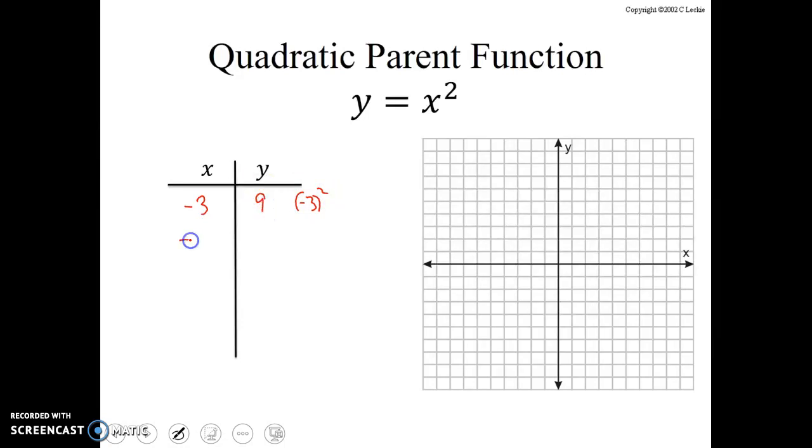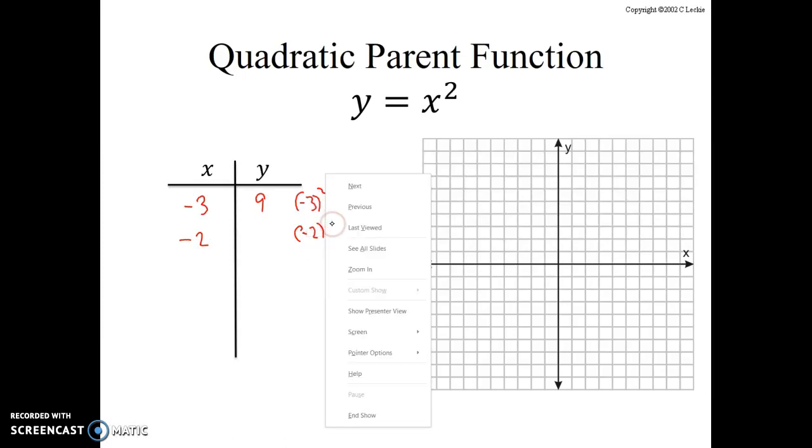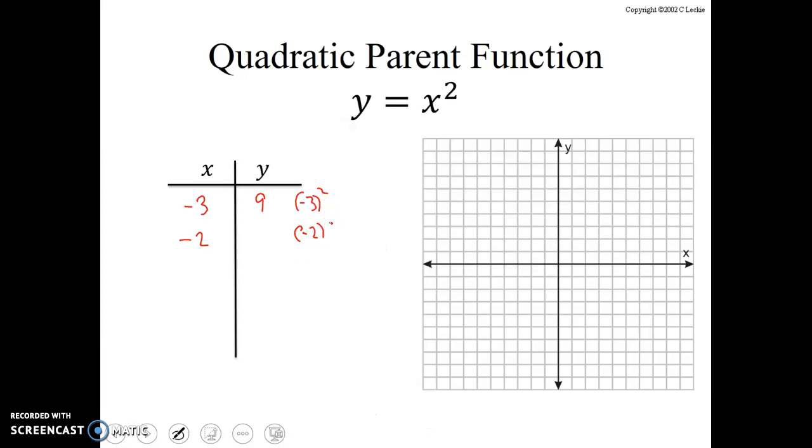If I do -2, then you would square the -2, and when you square a -2, you're going to get 4. If I take -1 and I square that, then I get +1. If I have 0 squared, that's going to give you 0.